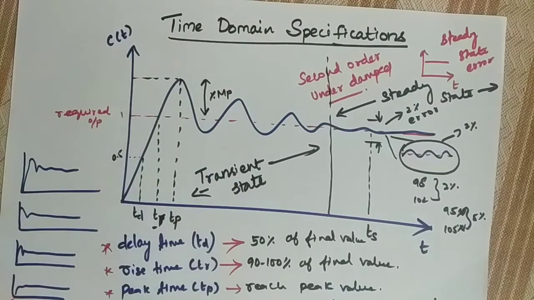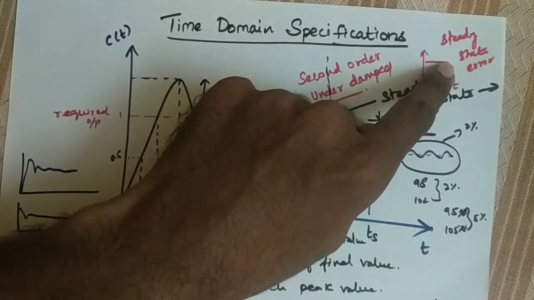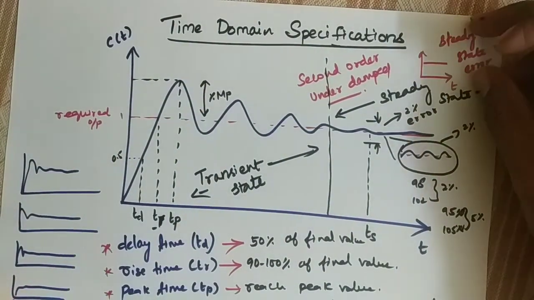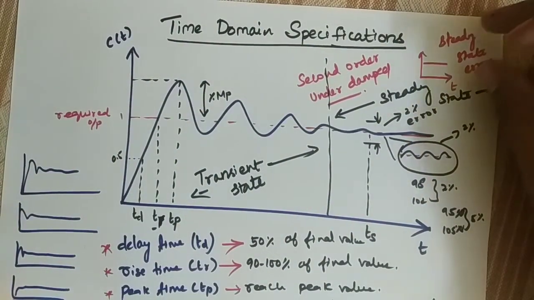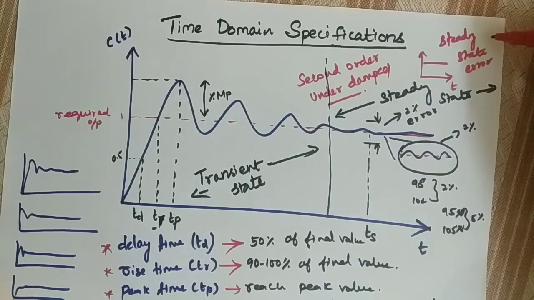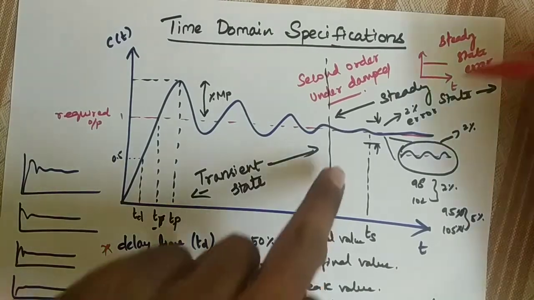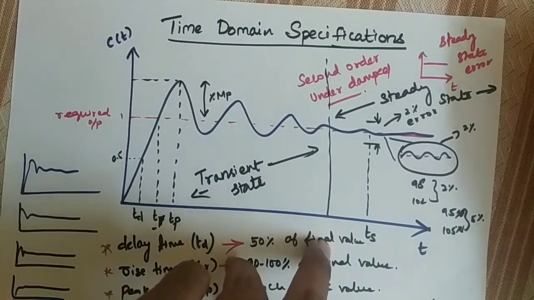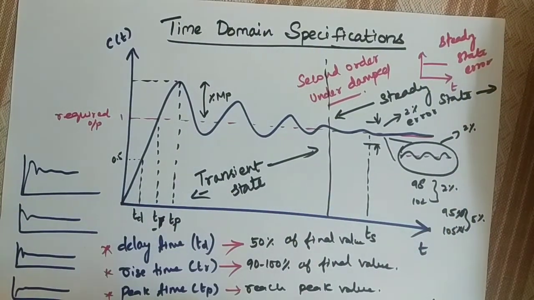Related to error, we have one more parameter, the steady state error. Amplitude wise, we also take care to minimize the steady state error. For a better response in the steady state period, we need to reduce the steady state error, nearly 2 to 5%. It is better to keep it at 2% itself.